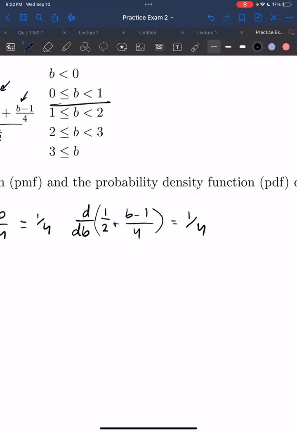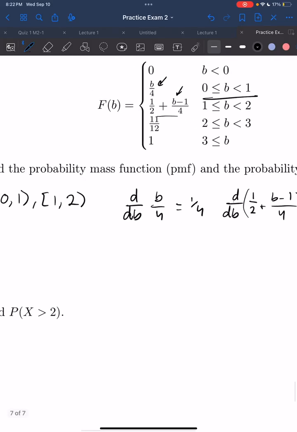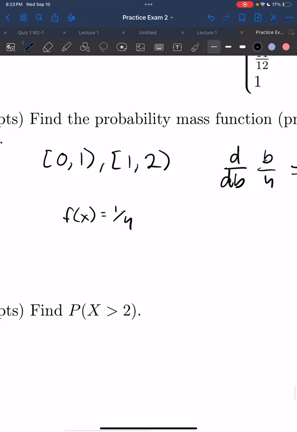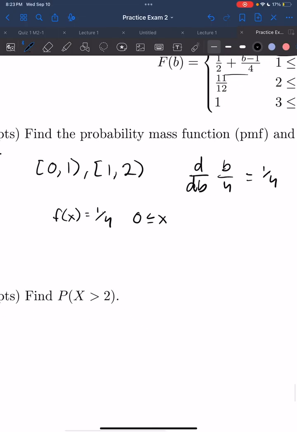So we can conclude that the continuous part of our function, f of x, would just be 1 over 4, for our range where x is greater than or equal to 0 and less than 2.